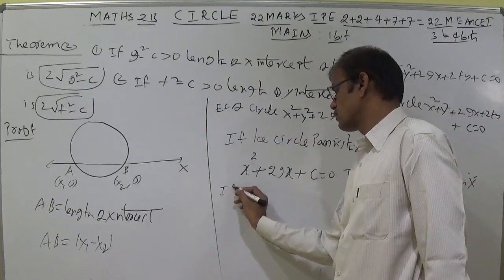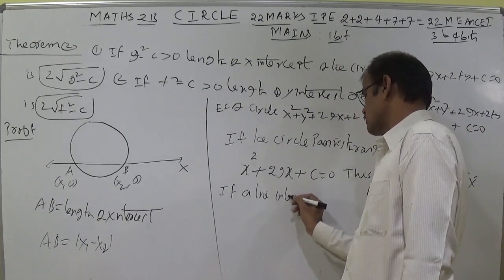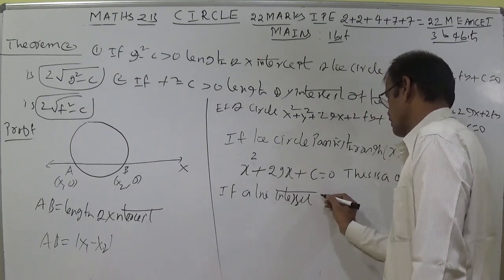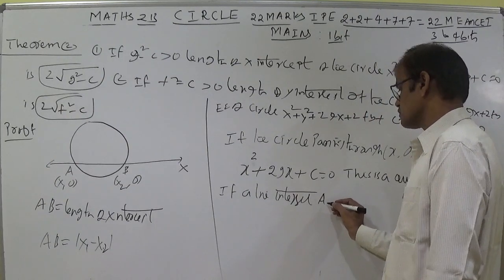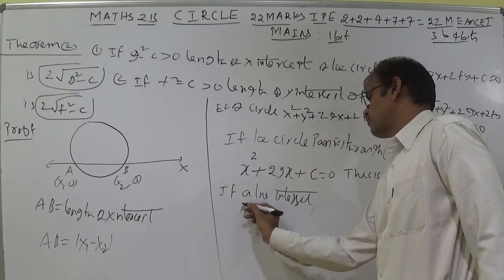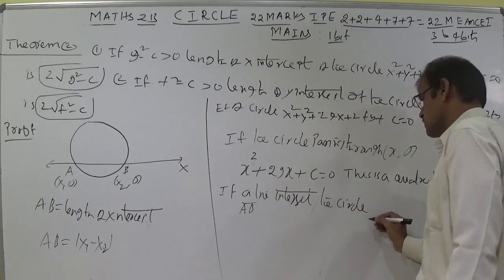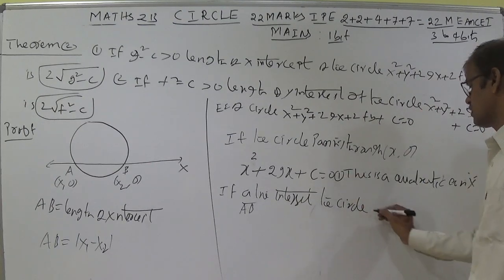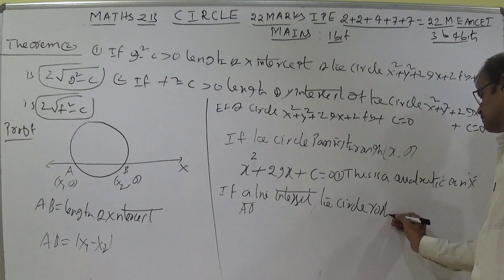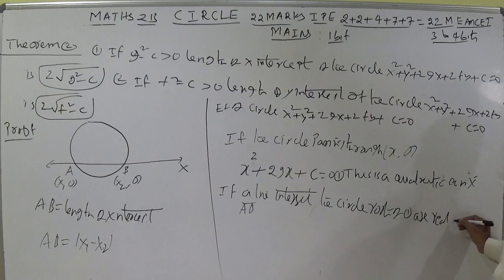If a line AB intersects the circle in A and B, then roots of this equation are real and not equal.